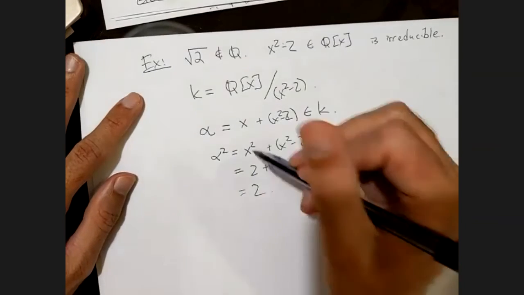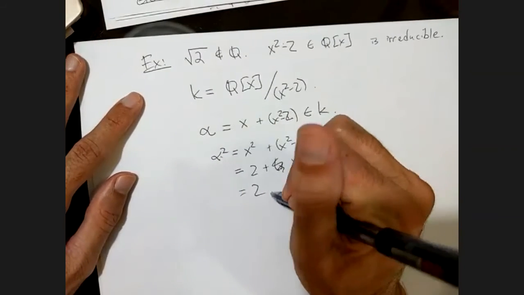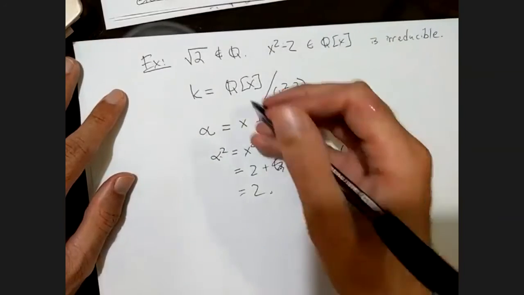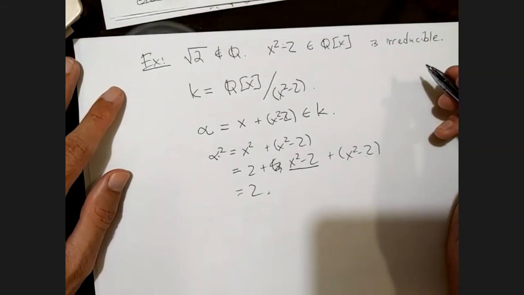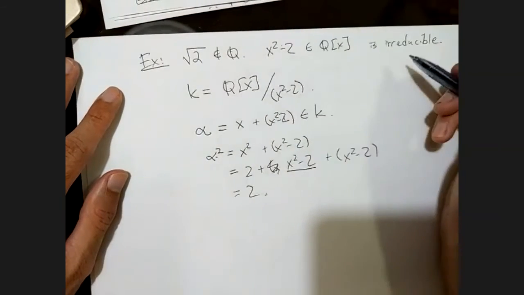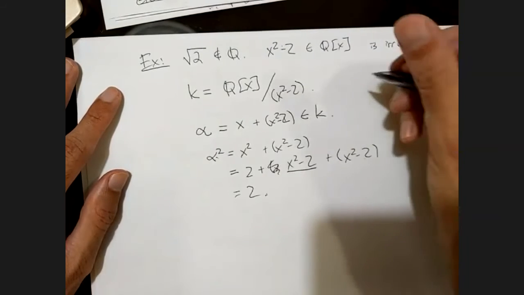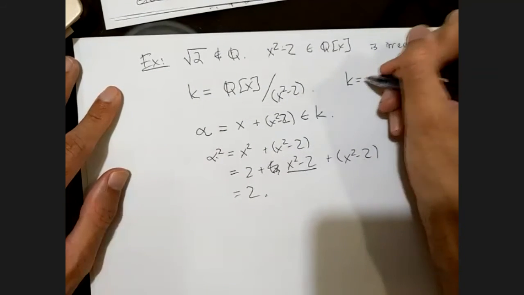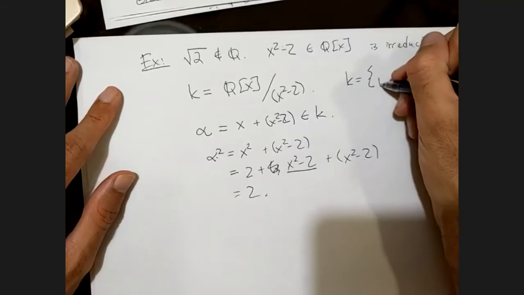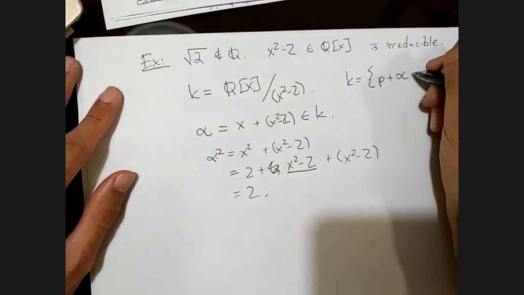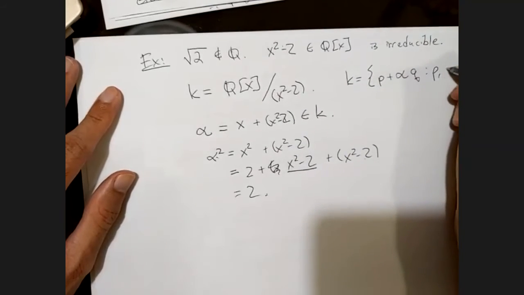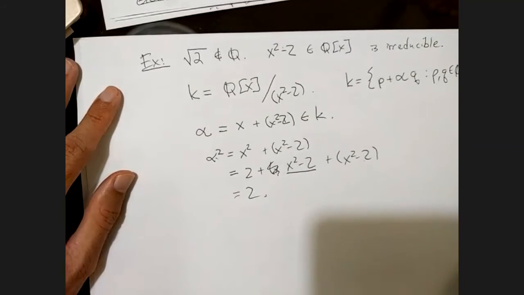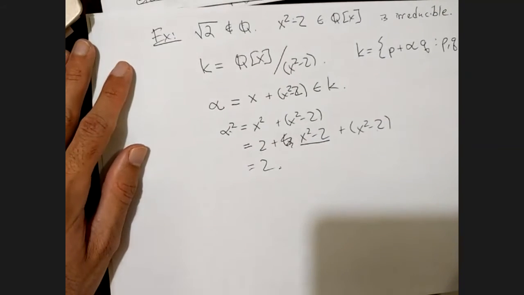So in K, you have the equation that alpha squared equals 2. In other words, you've made up a field where the square root of 2 exists now, because you had that x squared minus 2 is irreducible. And in fact, all the elements of K look like p plus alpha q, where p and q are rational.